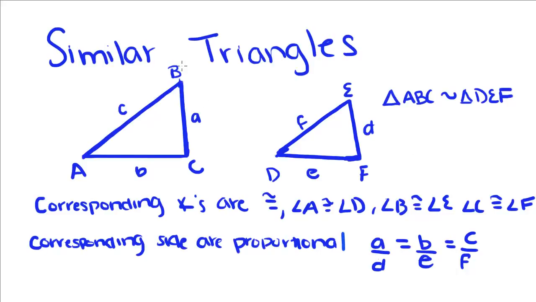So if triangle ABC is similar to triangle DEF, angle A is congruent to angle D, angle B is congruent to angle E, angle C is congruent to angle F, and their sides are proportional. So A over D is equal to B over E is equal to C over F.